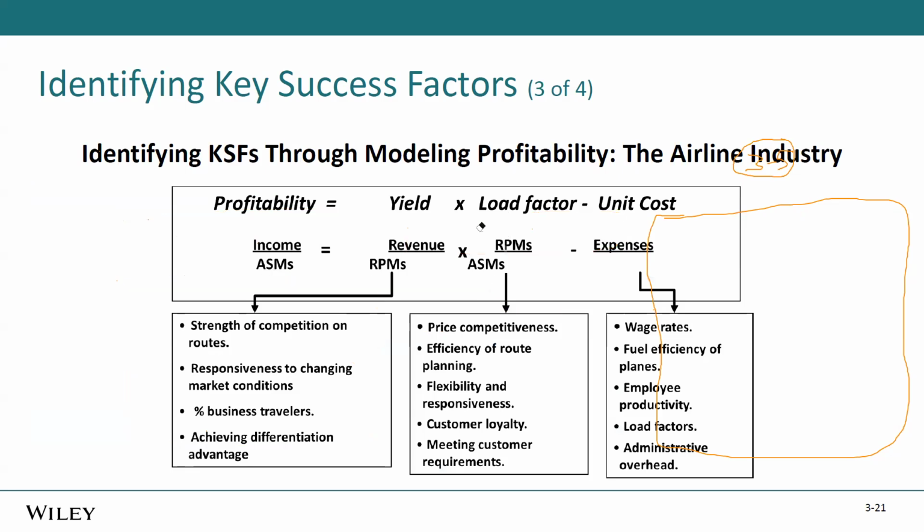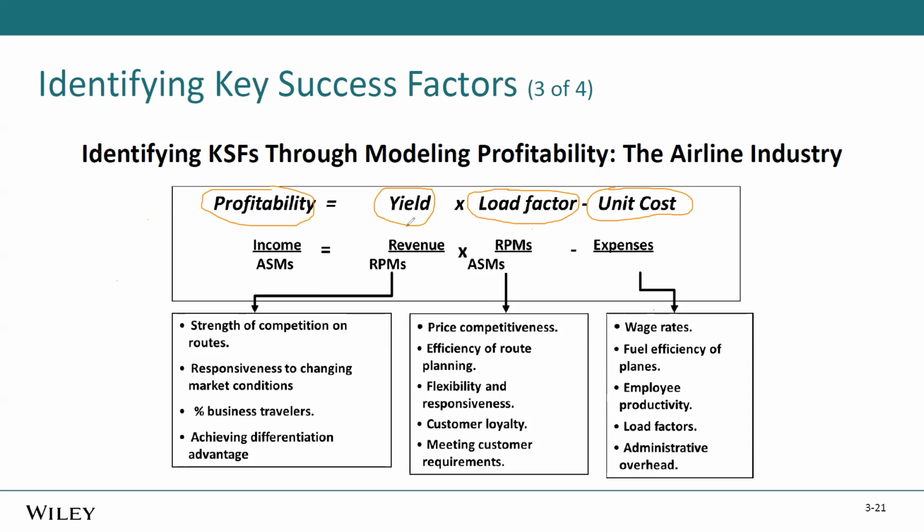Here's another example, an analysis of the airline industry, seeing how these key success factors play out with very specific industry benchmarks. These are all benchmarks that every company in the airline industry will be evaluating themselves on. Profitability is equal to the yield, and to maximize the yield we have to do certain things.